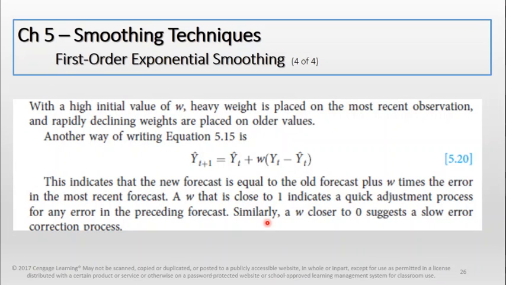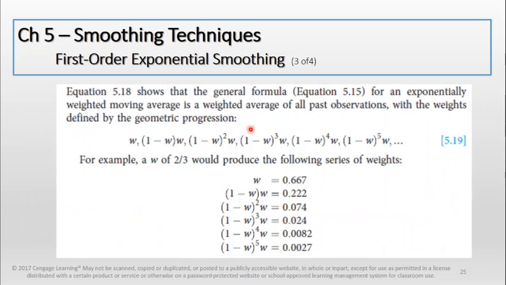So with a high initial value of W, heavy weight is placed on the most recent observation and rapidly declining weights are placed on older values. As you can see here, your W again has the greatest weight, and then it decreases. As the number of observations increases, the weight of the additional observation will also decrease.